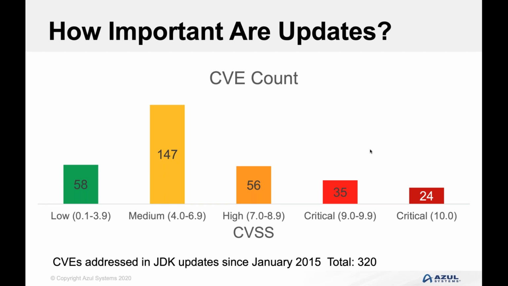I said 9 to 9.9, 35 of those, and then I said how many of them were actual 10s, 10.0s, the worst possible vulnerability you can get, and there were 24 of those in the last 5.5 years, meaning that if you haven't updated your JDK in that time, then you're potentially exposed to a significant number of vulnerabilities.